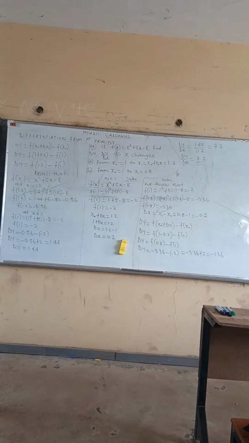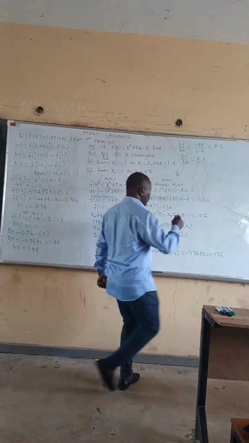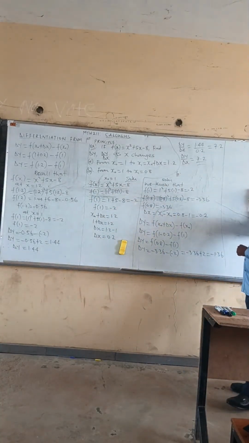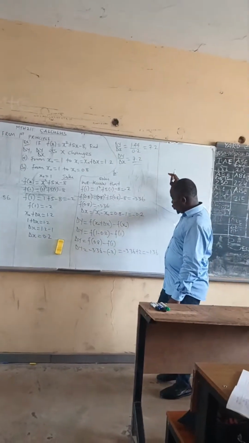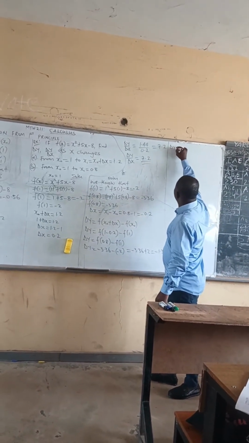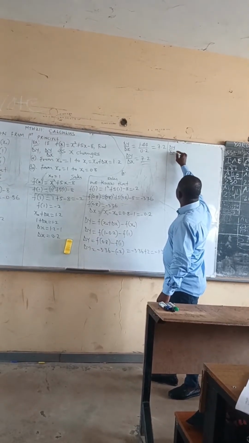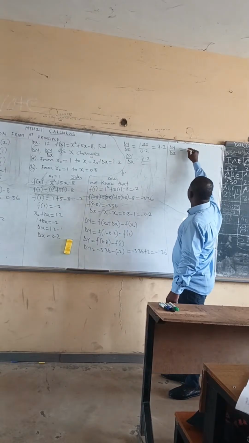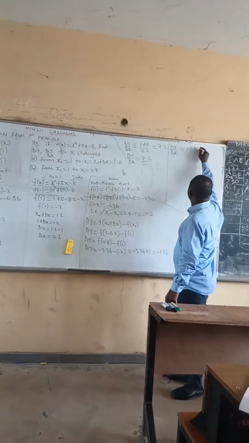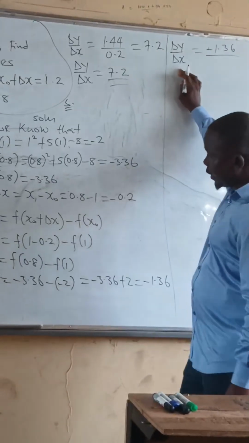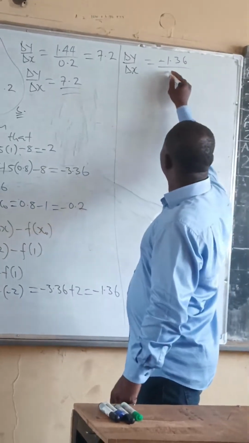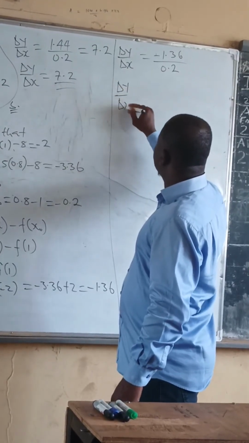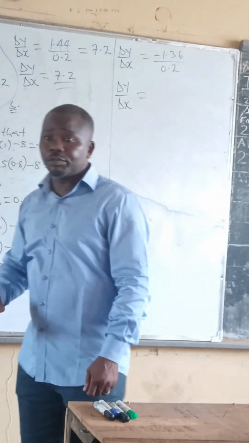Then what we do, we look for dy over dx. What is our dy? Our dy is minus 1.36 over dx, which is minus 0.2. So our dy over dx is equal to, what should be the answer?